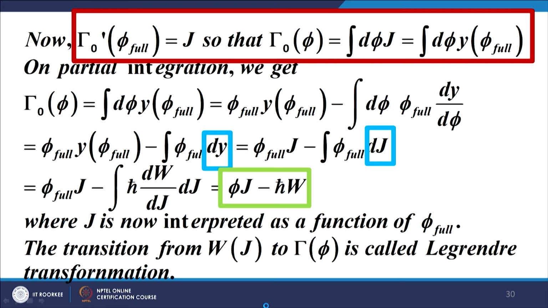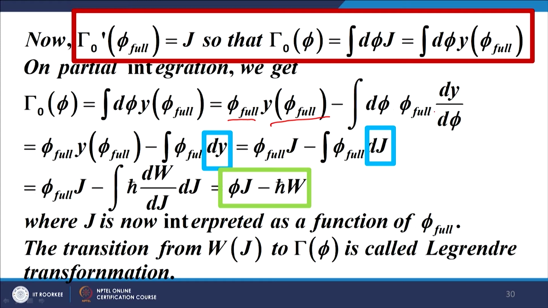We do an integration by parts: first function y into integral of the second function minus integral of derivative of the first function into integral of the second function.